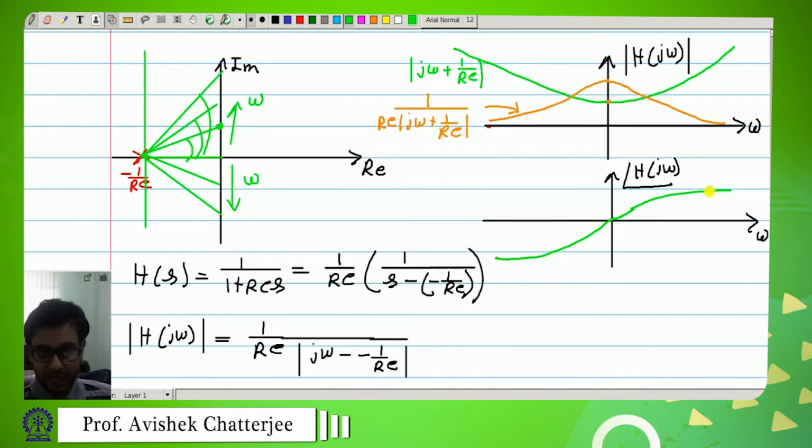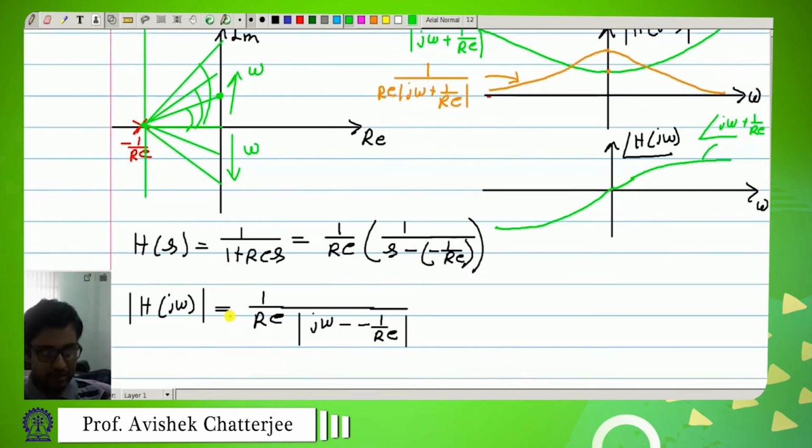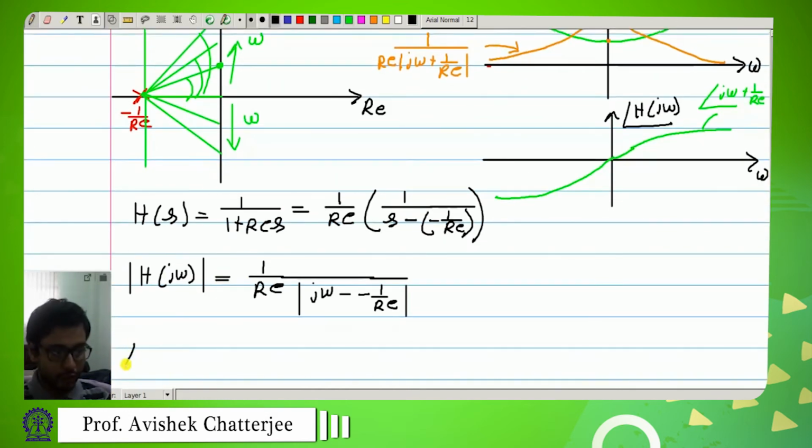However, this graph is angle of j omega plus 1 by RC. But what we want is angle of H(j omega), which is minus angle of this.